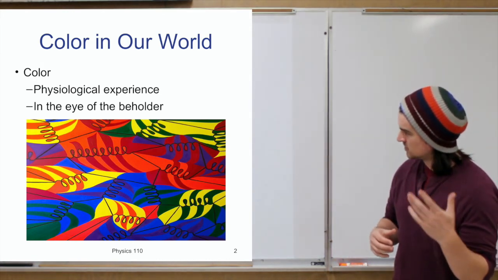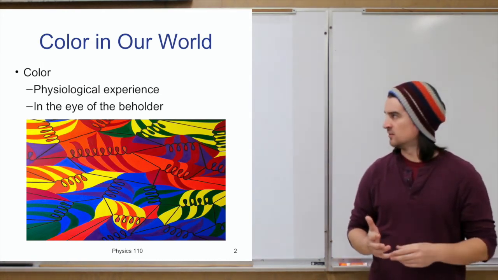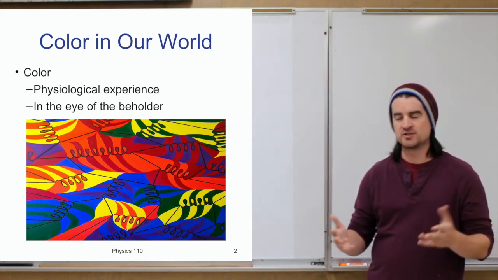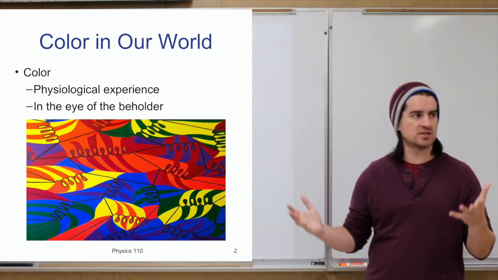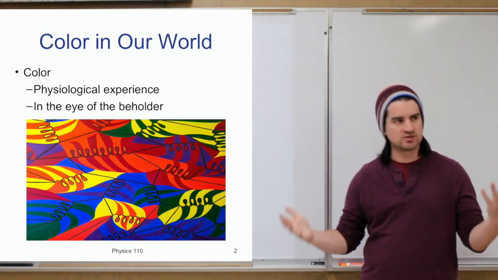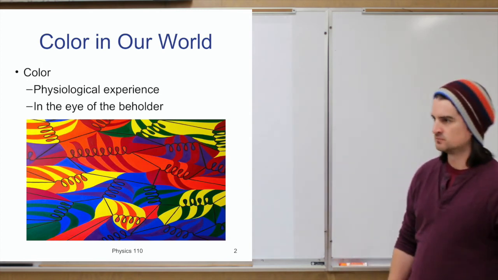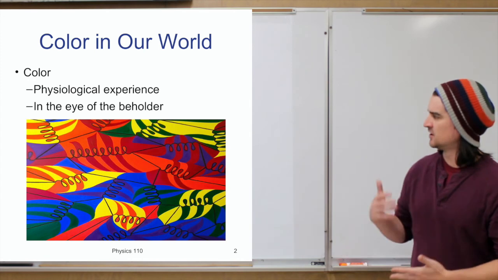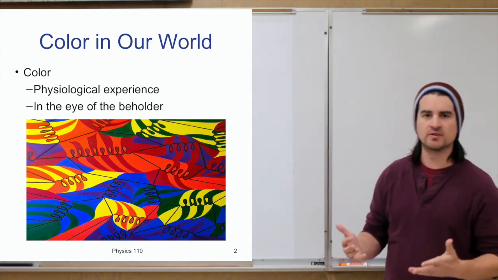The experience of it is much more about biology, physiology, neurology, and even philosophy at some level, because what it is to actually experience color is still a tricky question.